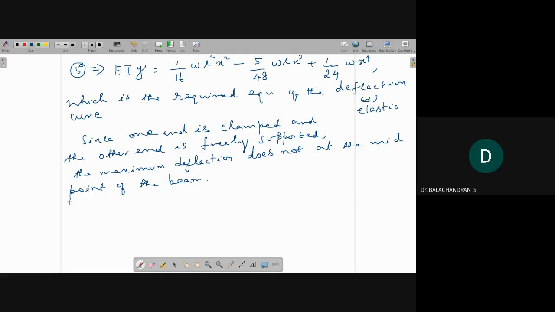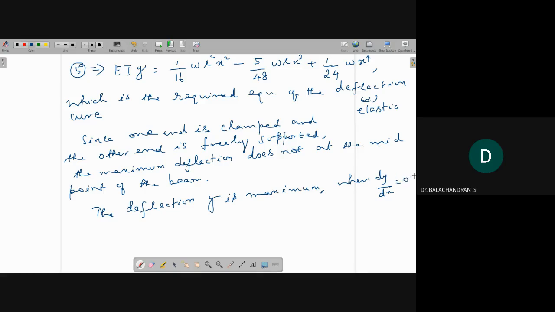So the deflection Y is maximum when dy by dx is equal to 0. Okay.